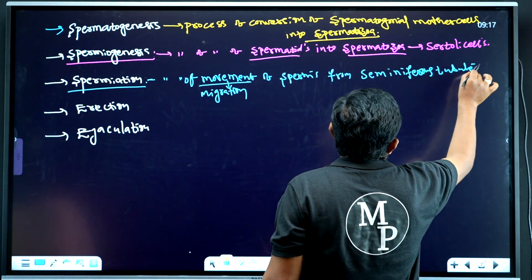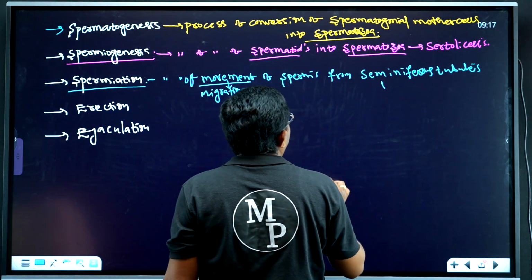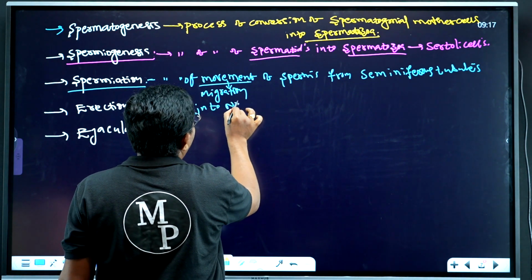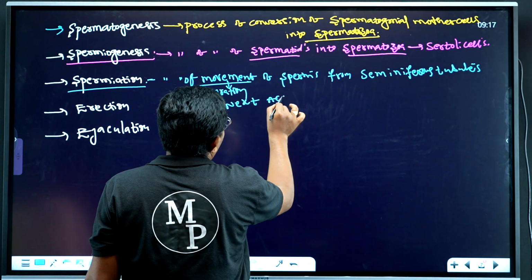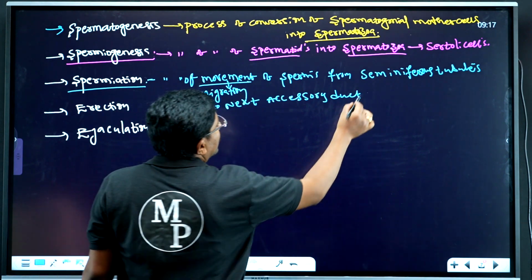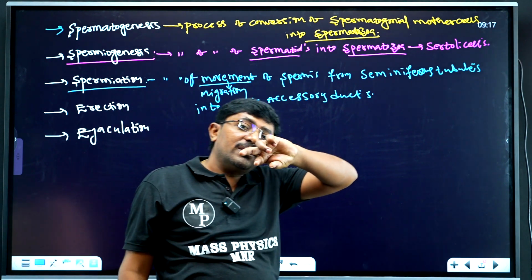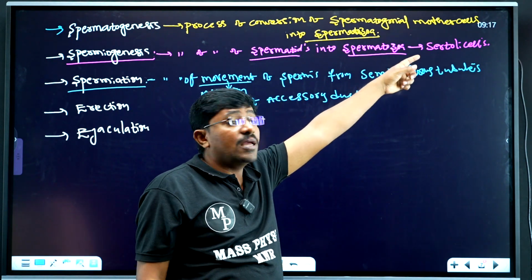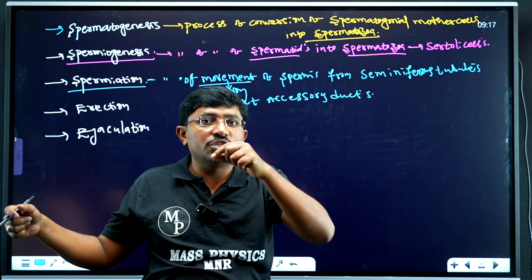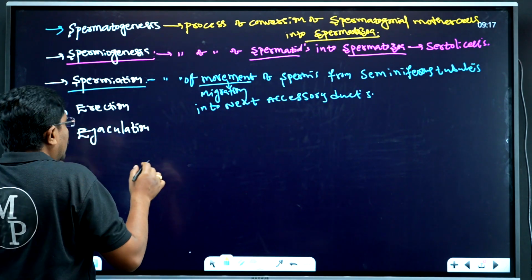After completion of the development of sperm inside the Sertoli cell, the mature sperm detaches from the Sertoli cell and starts the migration, starts the movement. That is called spermiation.